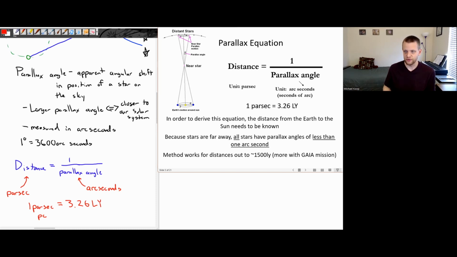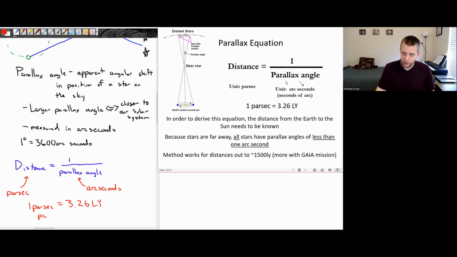It can make measurements out to, I think, a couple tens of thousands of light years under ideal circumstances. So we've increased this distance to a few tens of thousands of light years using data from the Gaia mission.